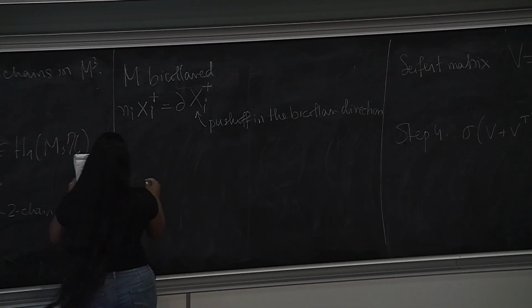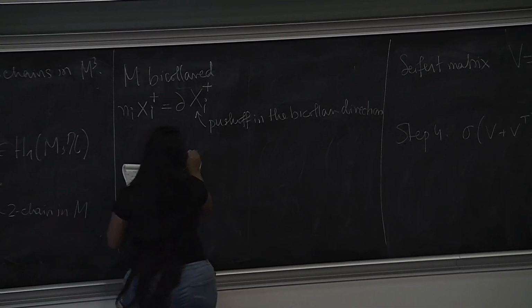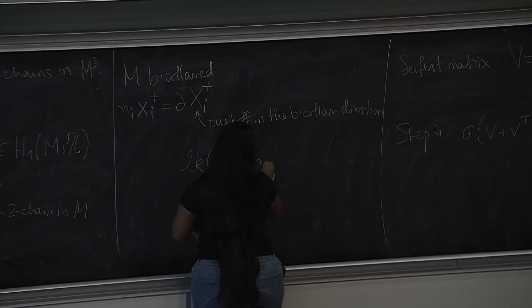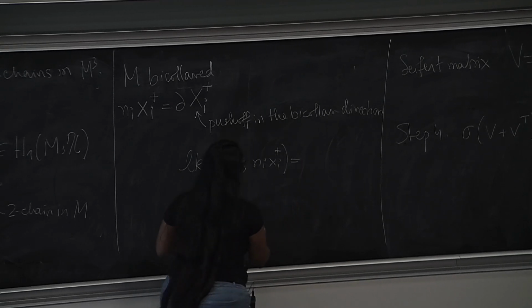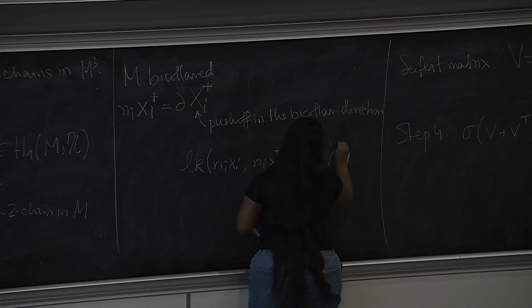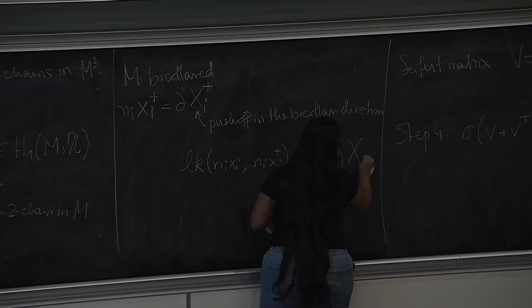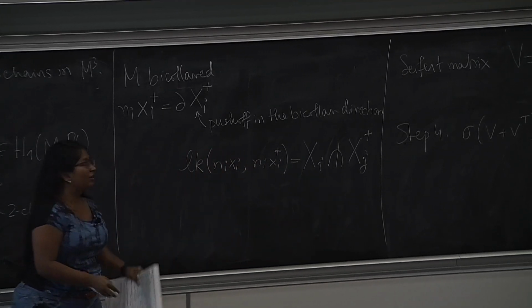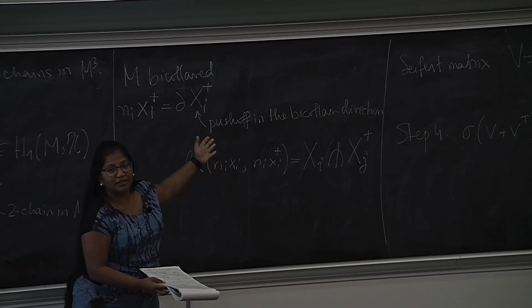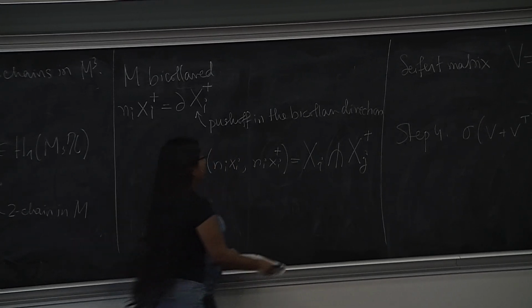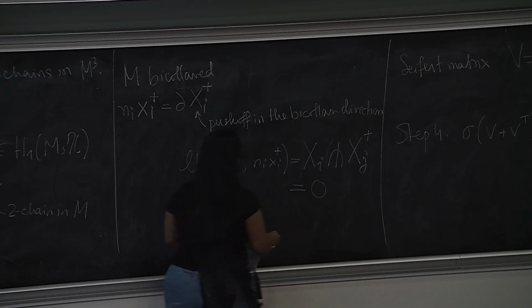So that now, when I compute the linking number of ni xi with nj xj plus, this, by definition of linking number, is equal to the sign count of intersections between xi and xj plus. But because the pluses are just off in the bicolor, they don't intersect anything in the M. So this is just always 0.